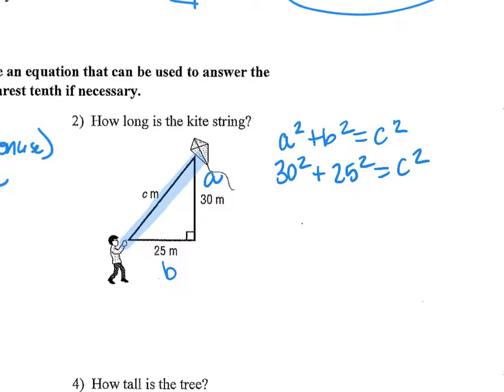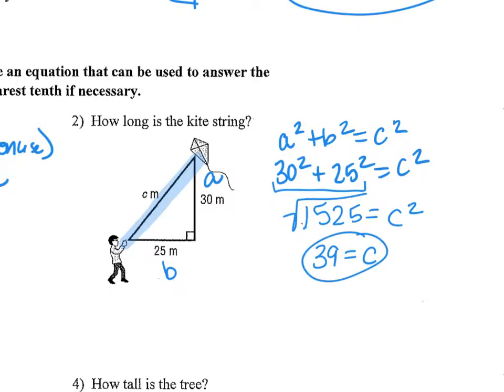So 30 squared plus 25 squared. These together in the calculator is what I'm doing to get this number. 1525 equals C squared. So I want to take the square root of that. 1525. And I get 39 about. Okay.